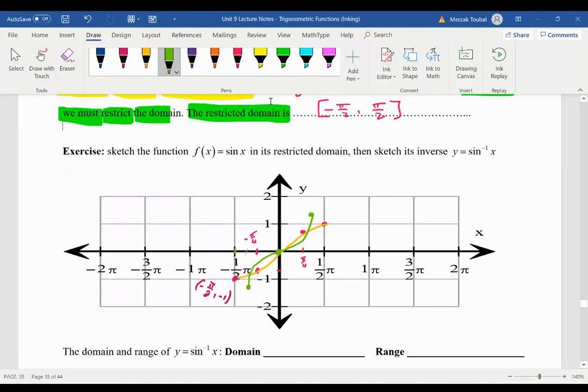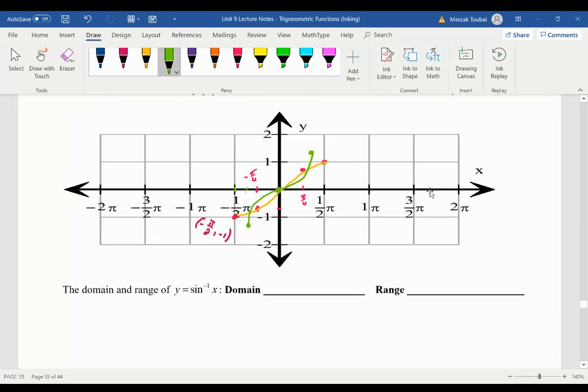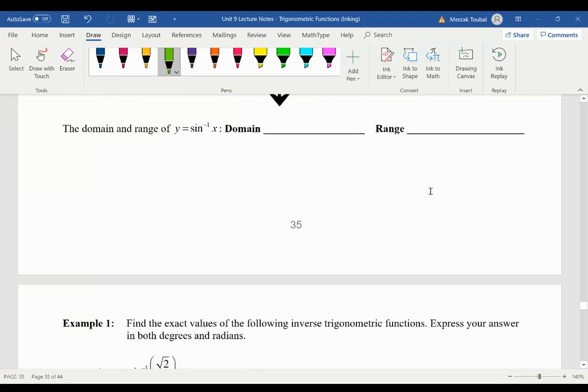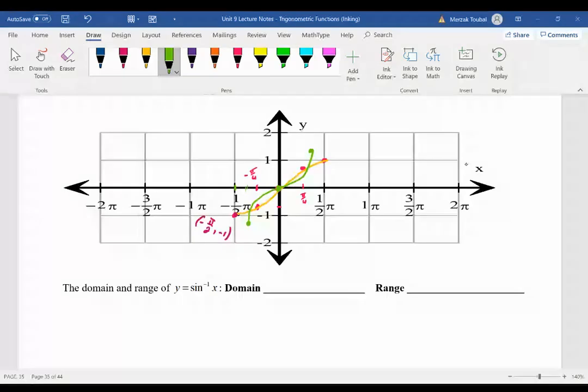This guy. So now looking at the green curve, which is the curve of sine inverse. So sine inverse of x, and the orange, the yellow one is the sine of x.